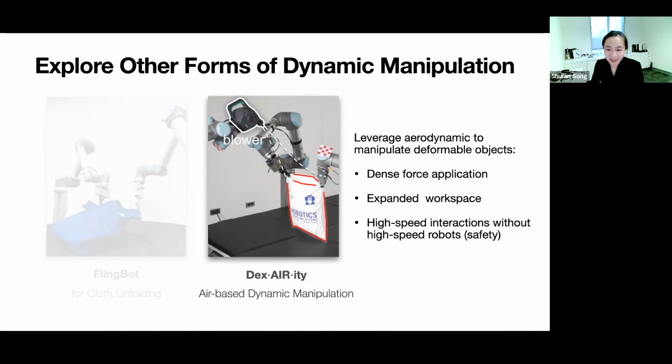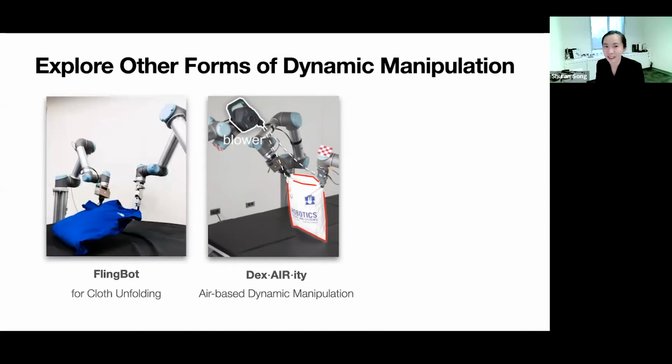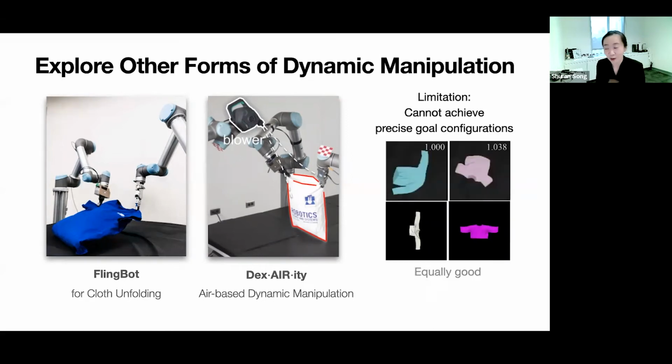I think it's a good time to take a step back and look at both systems. What they have in common is that they both use dynamic action primitives, or manipulation primitives: one uses Fling, the other uses the other primitive. Apart from that, they also share a common limitation: they cannot handle tasks with very precise goal conditions and high precision requirements.